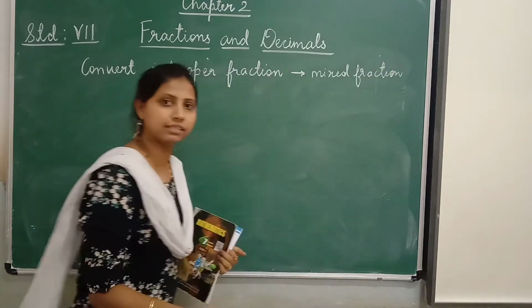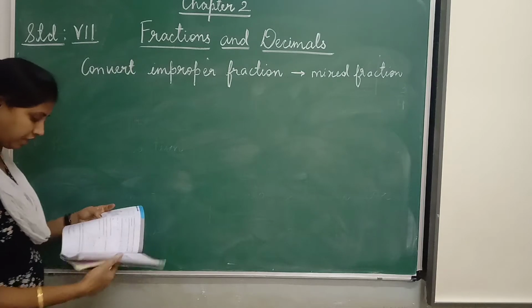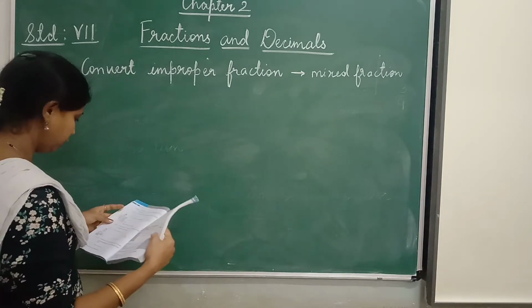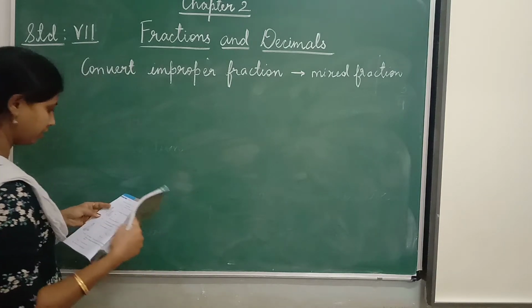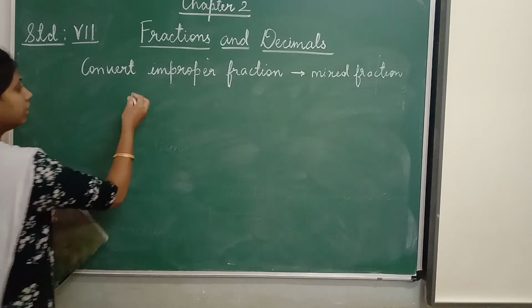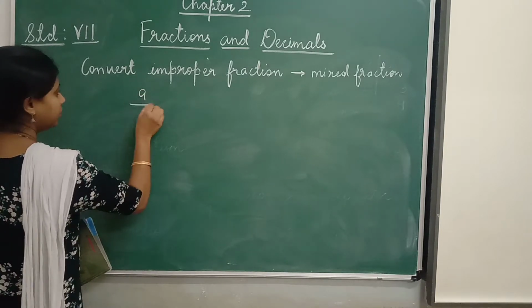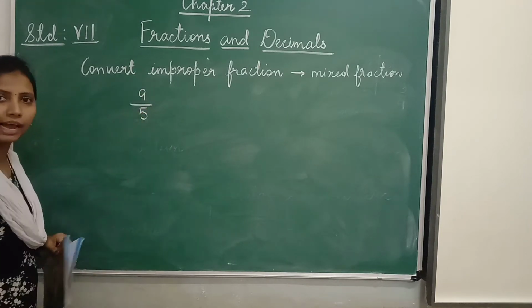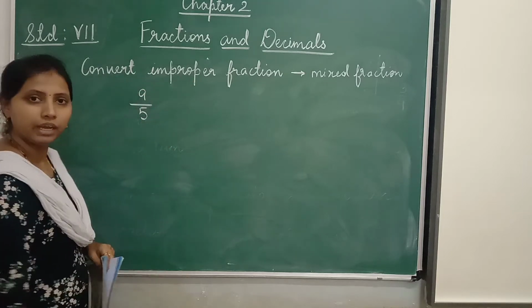Okay, take any example of an improper fraction. Now for example, you can take 9 by 5. Okay, 9 by 5 is an example of an improper fraction.